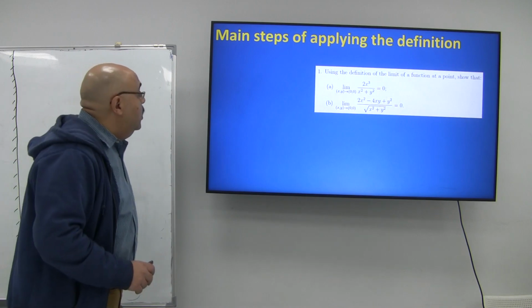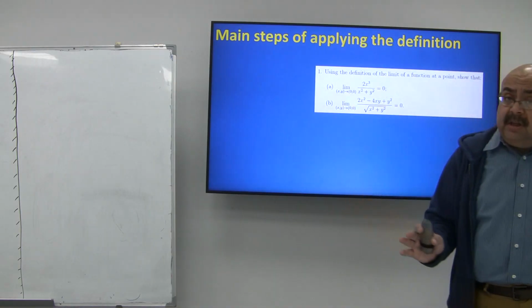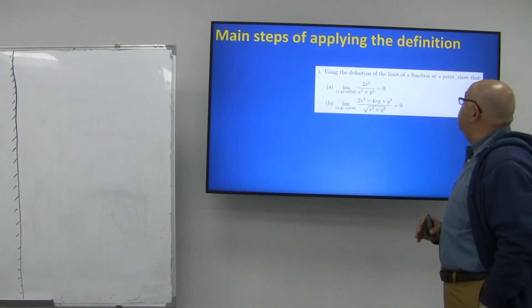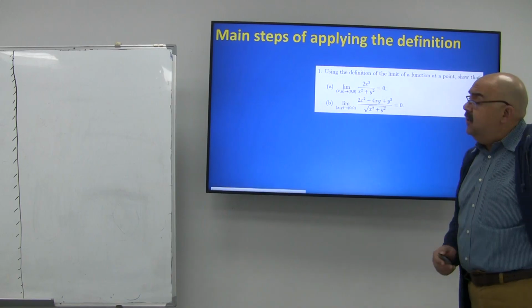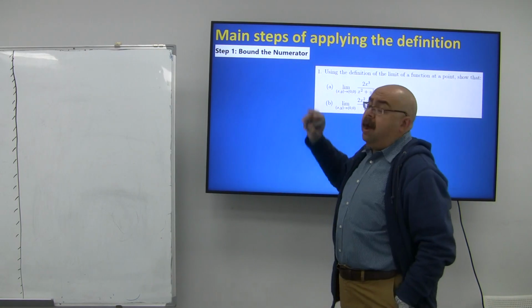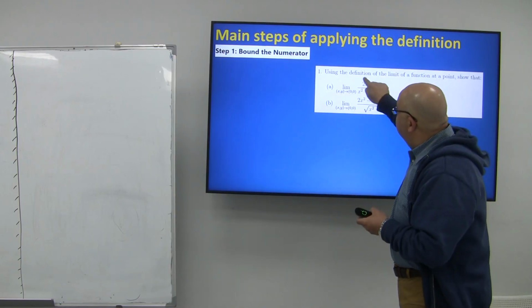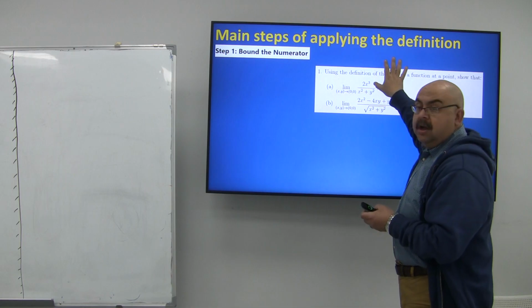Perfect. Using the definition of the limit of a function, which we already made a recap about, for these two problems the steps are really very simple. The first step: you will have to bound the denominator, because what mainly controls the function is the denominator.